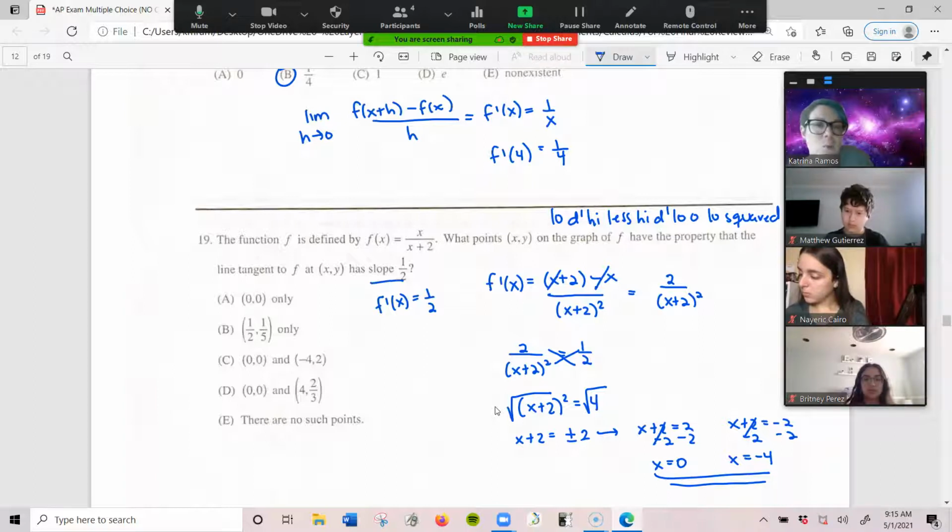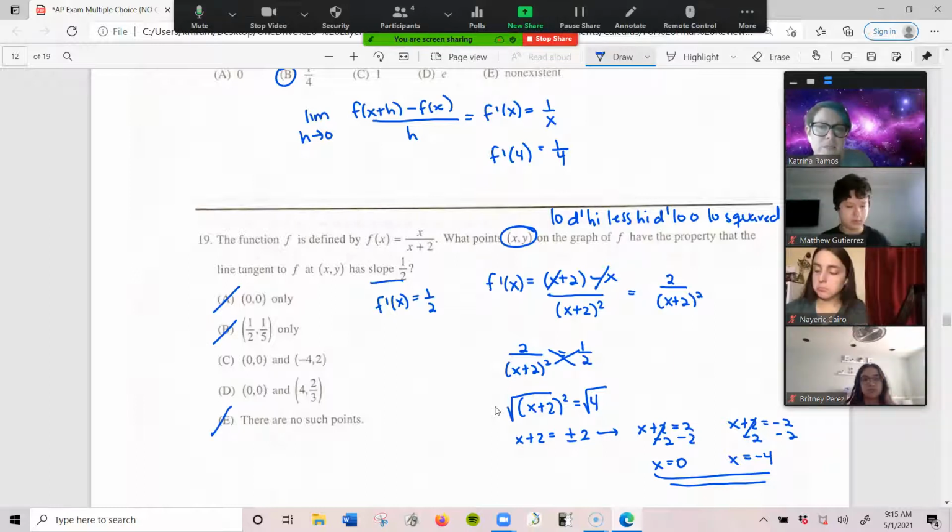Now they want points, they want the actual coordinate, right? They want the x and the y. But to save you on time, if you have your x values, just look at your options and see if those x values are an option. Like we have here 0, 0 only, but it's 2 points, not 1. We have these fractions here, again it's 2, not 1.